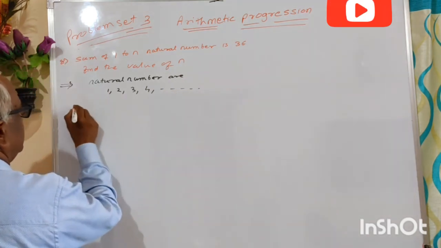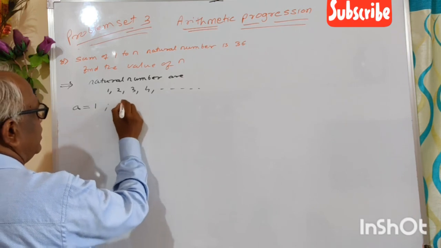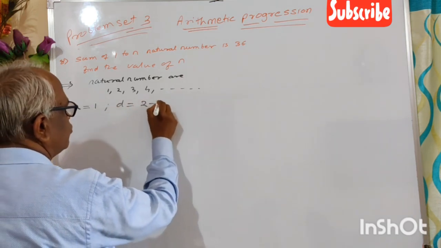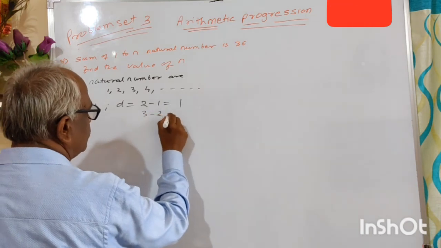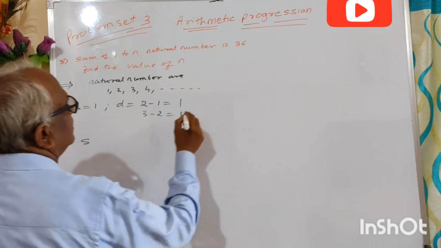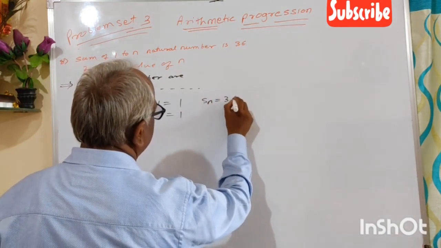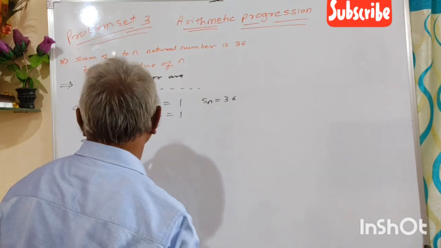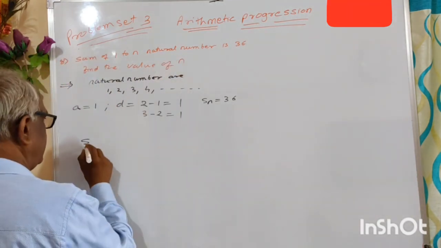Now here A is equal to 1, D is equal to the common difference, that is 2 minus 1 is equal to 1, or 3 minus 2 is equal to 1. Now Sn is also given, Sn is 36. We want to find the value of n here.